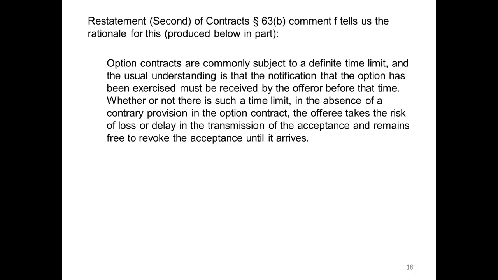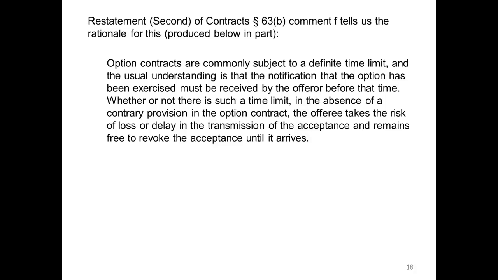Think of it this way. If I'm going to sell you land and I say you can accept my offer to sell this condo for $400,000 if you make an acceptance before Friday at 5 p.m. If you, in our example, John, could at 4:55 drop an acceptance in the mailbox, you have worked an extension of time. I'm going to have to worry that you've put something in the mail.